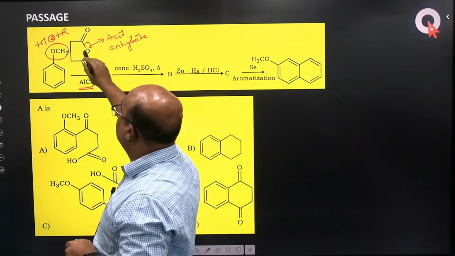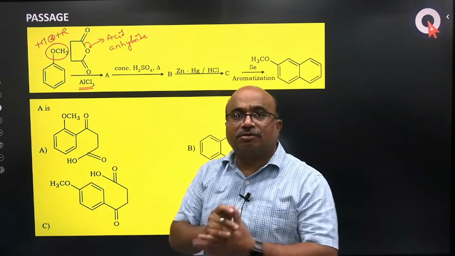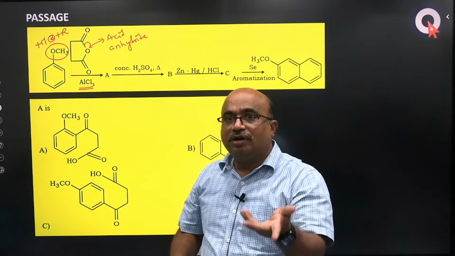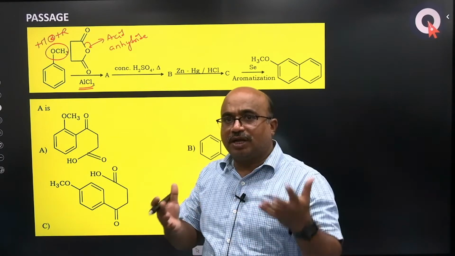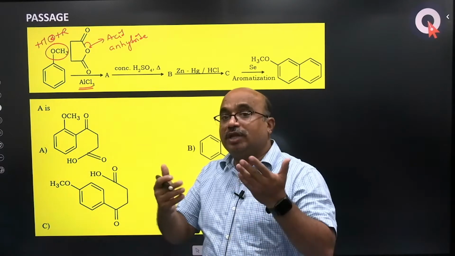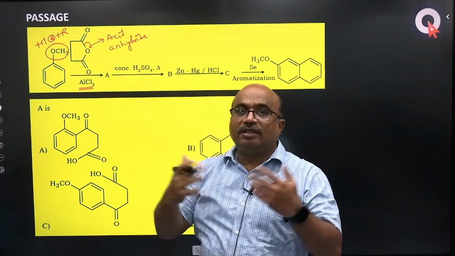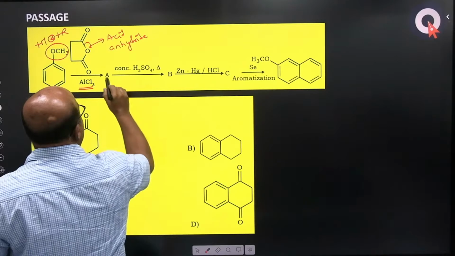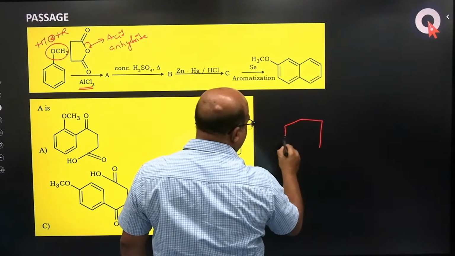Then the loss of hydrogen will be there, because during aromatic electrophilic substitution, the hydrogen is lost from the benzene ring as H+ to retain aromatic character. After electrophilic addition, it loses aromatic character, so to retain it, the H+ was lost. That H+ immediately comes to this COO-. AlCl3 is a Lewis acid, it will leave. So what you will see here is A has to be now OCH3.